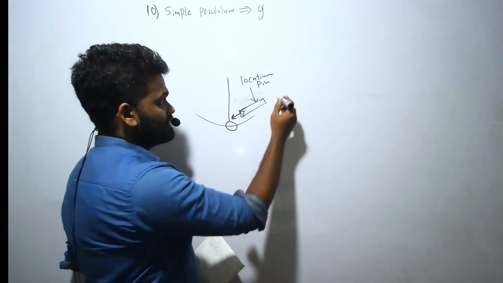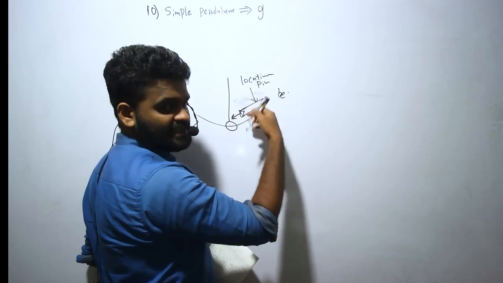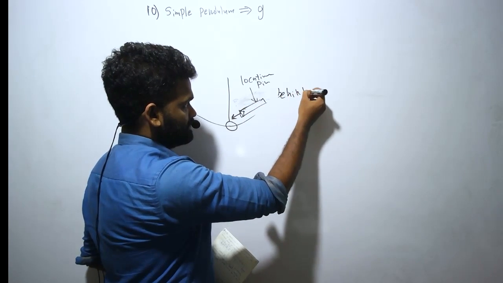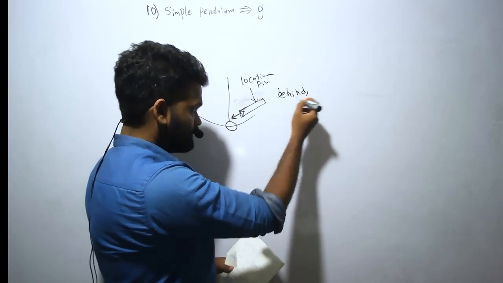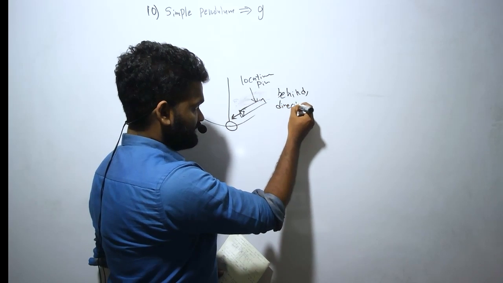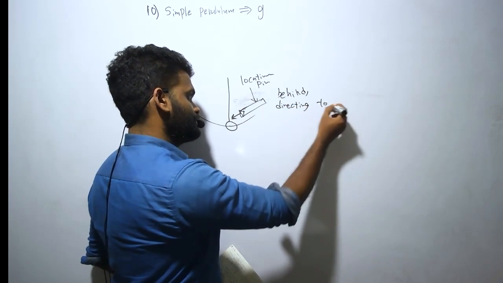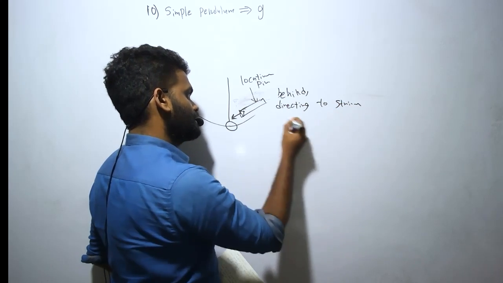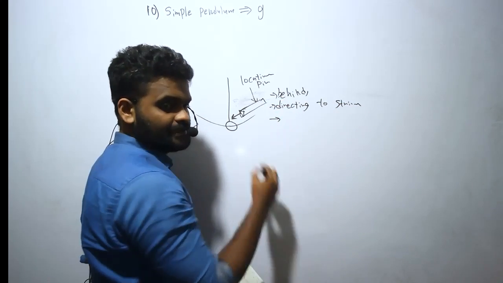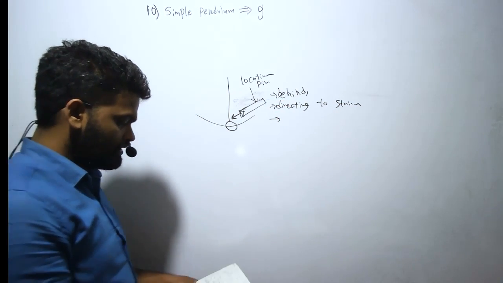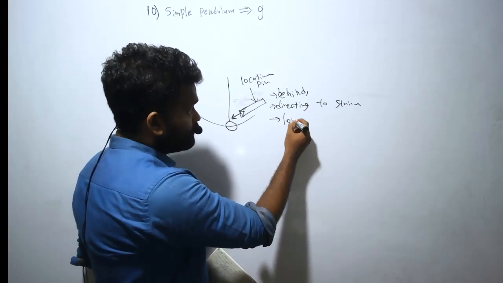So what are the requirements? It should be behind, just take this down, behind, directing to the string. They asked this, right? That's why I'm giving you: at the lowest position.